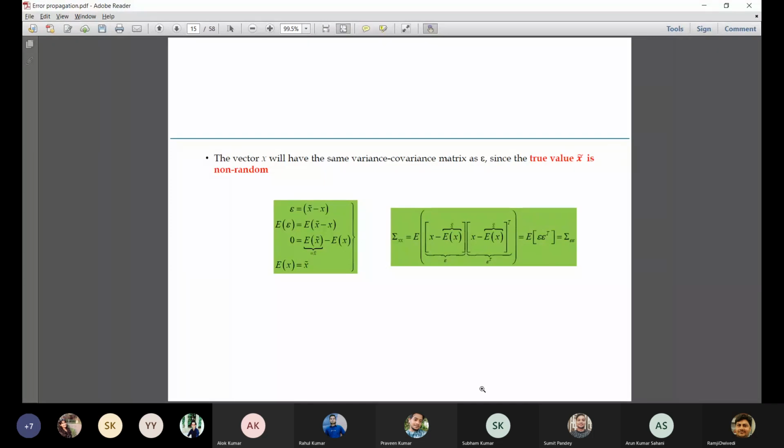Just like if I ask you, what is this? Summation. No, that's a blunder. It is not summation. It is the variance covariance matrix of x, vector x. There is a difference between summation and variance covariance matrix.